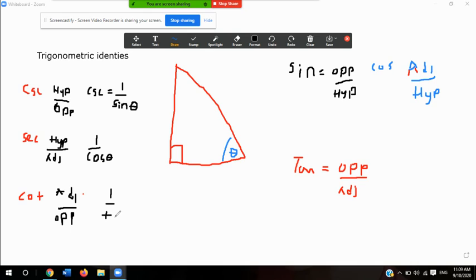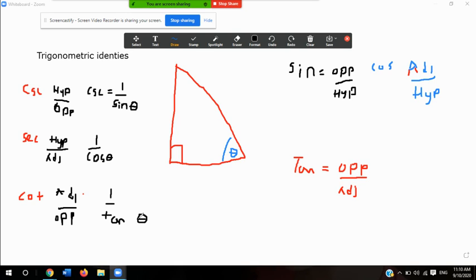The tangent of z. Let me erase that. Okay, so now we're going to look at that second example, but instead of finding the trigonometric ratios using the other method that we used, we're going to use the trigonometric identities.